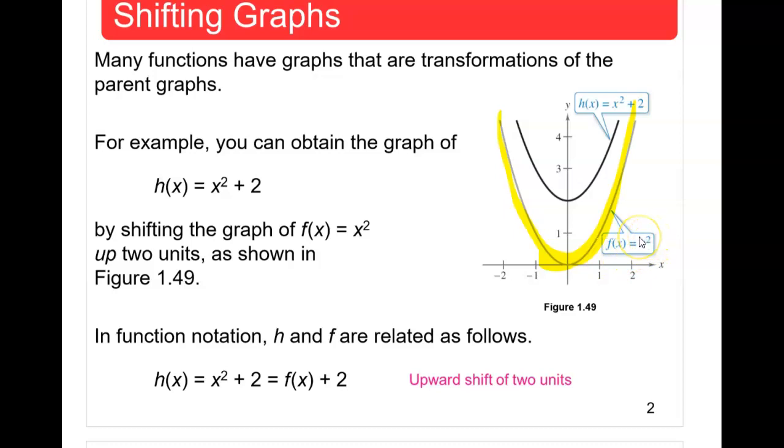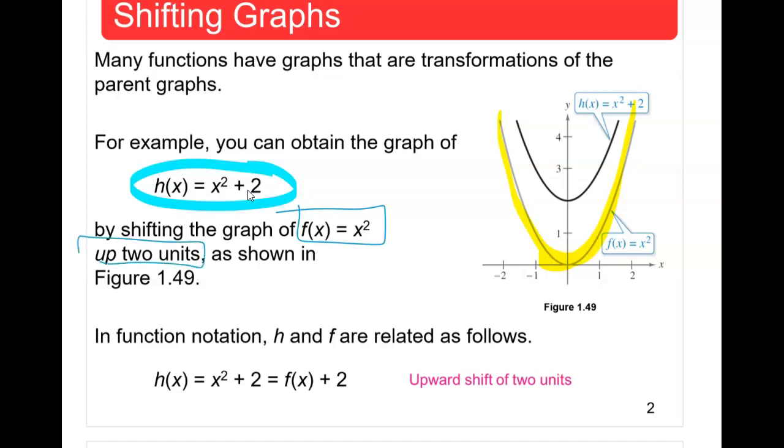The transformation that we have here uses a different letter, h of x, and it's going to be x squared plus 2. So this means it is the shifting of the original graph up 2 units, and we know that it is up because we have a positive 2, and because the 2 is not affecting the x directly.